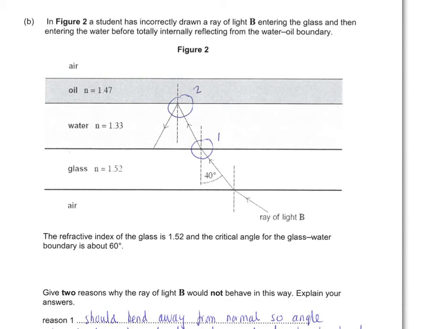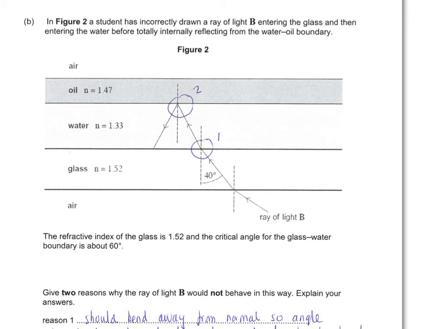Next, we're travelling from glass to water, towards a lower refractive index. For this reason, we have to consider whether total internal reflection might occur. That's why we've been told the critical angle for the glass-water boundary. This is about 60 degrees. So with an angle of incidence of 40 degrees, we can rule out total internal reflection.